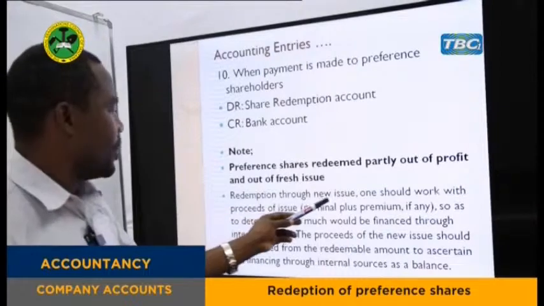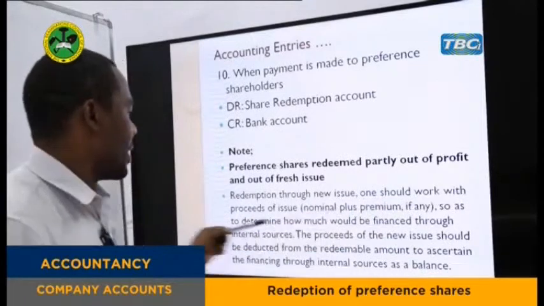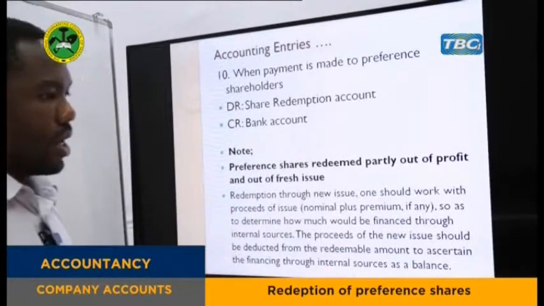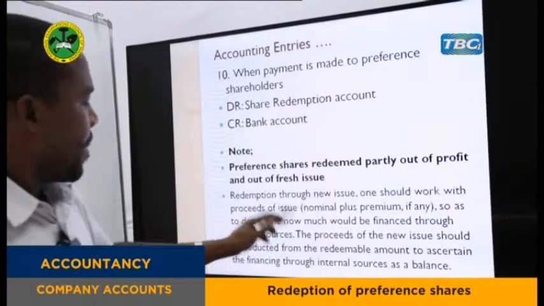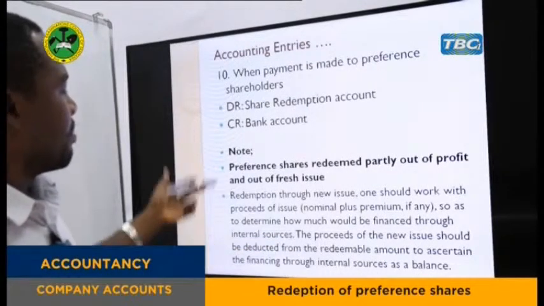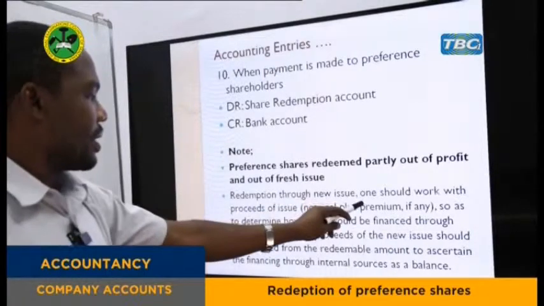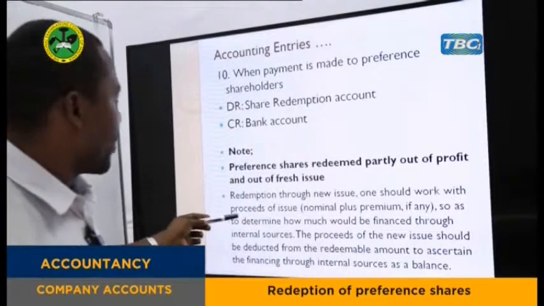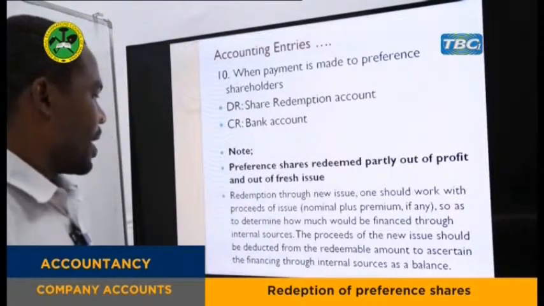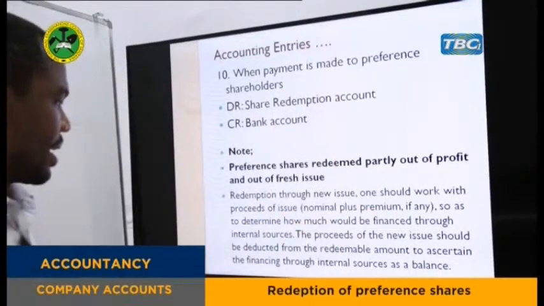For redemption through a new issue, one should work with the proceeds of the issue. Whenever we use part from internal sources and part from external sources, for the external part, what we consider is the proceeds received. That will be the nominal plus premium, if any.